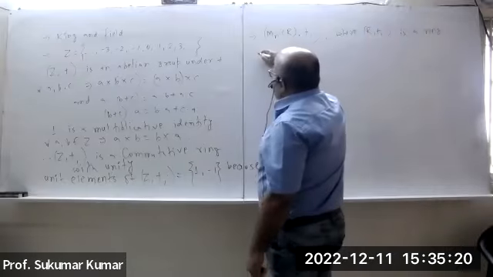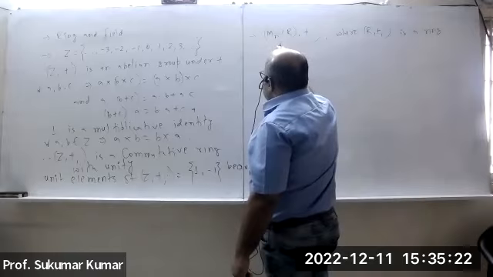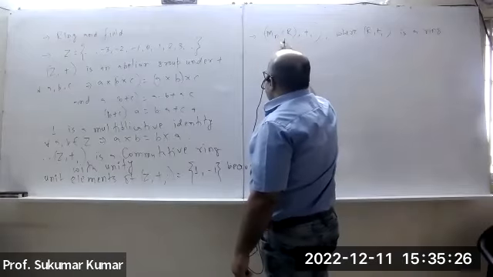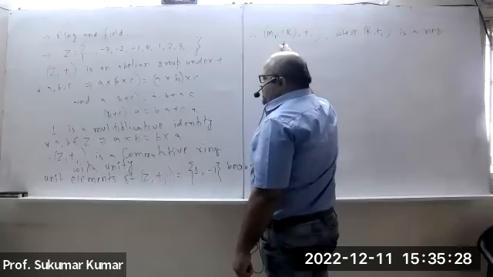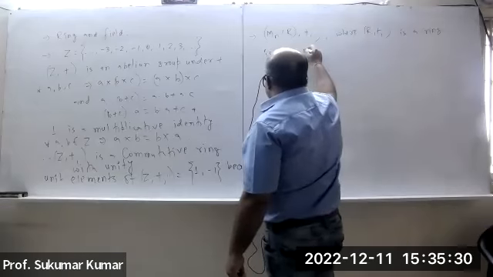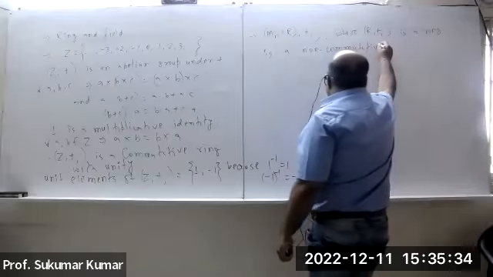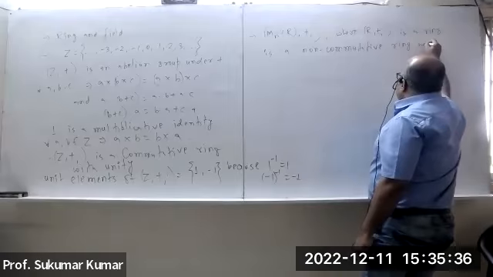In this, the multiplicative identity will be I_n, but the commutative law won't be satisfied. So we can write this is a non-commutative ring with unity.